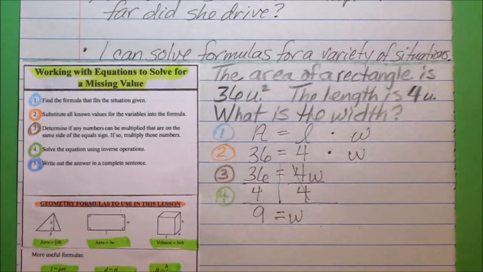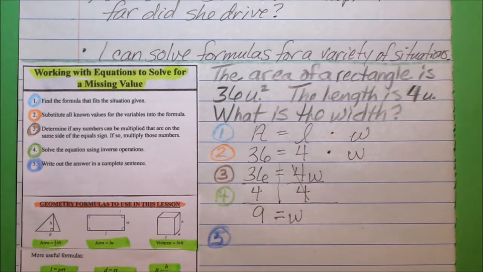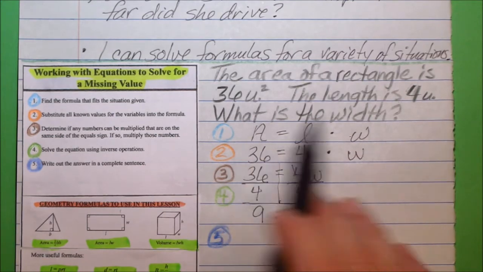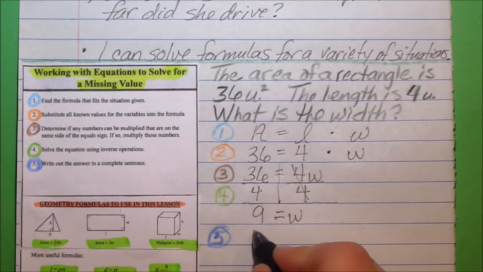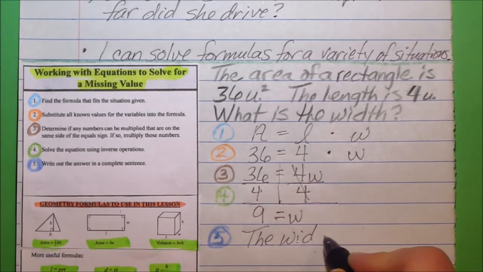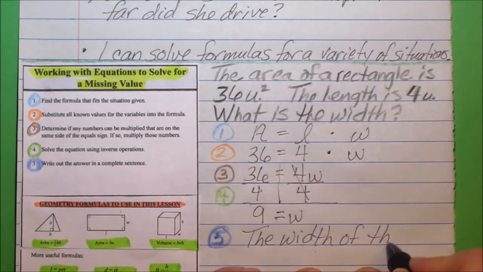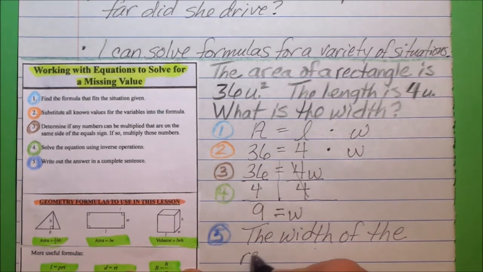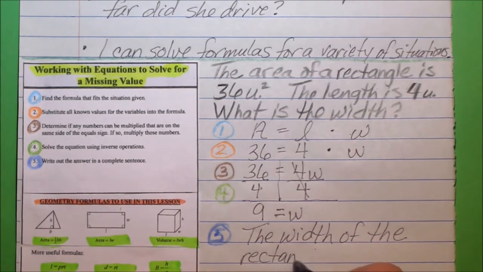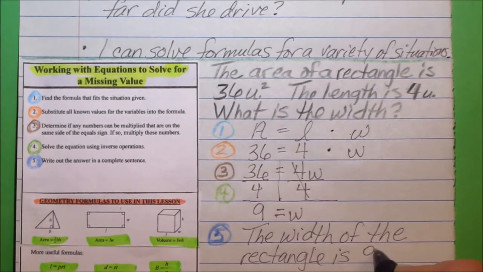Okay, there's my answer. But my final step, step 5, says to write a sentence that answers the question. So the question was, what is the width? All right, the width of the rectangle is 9.